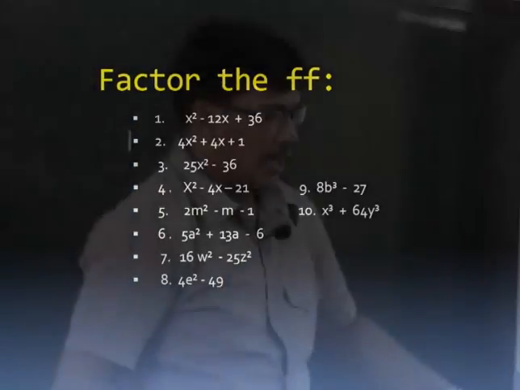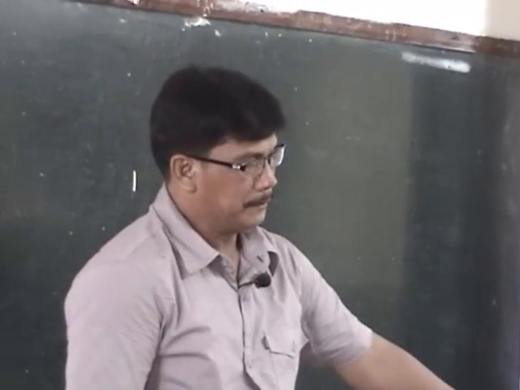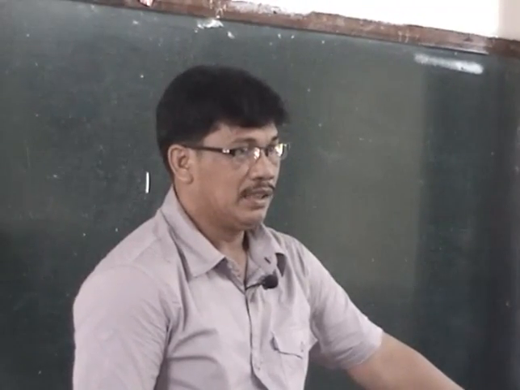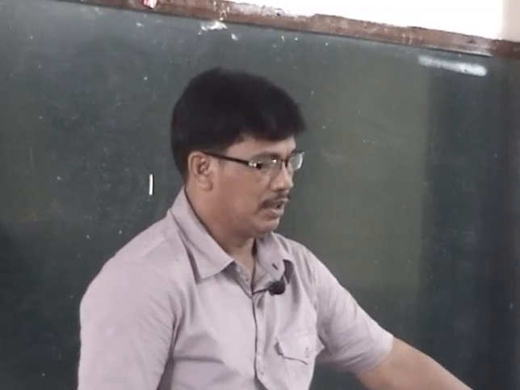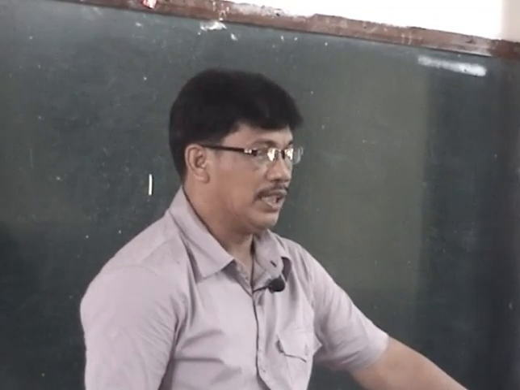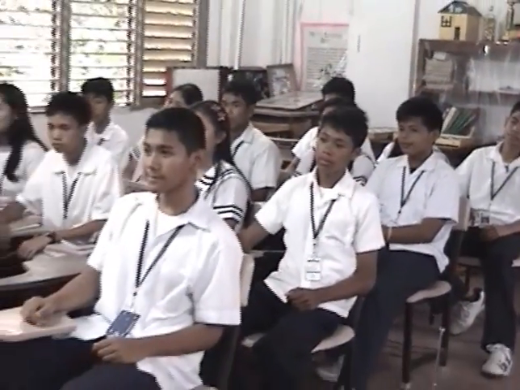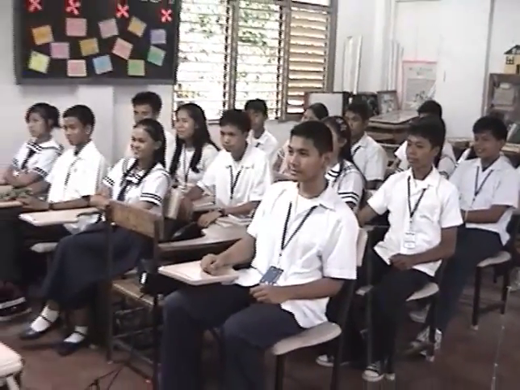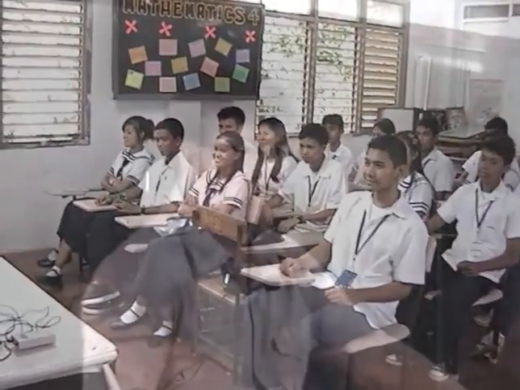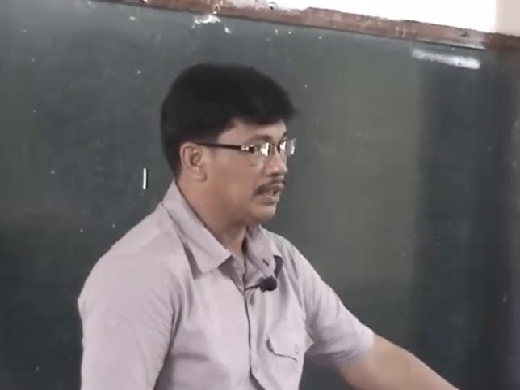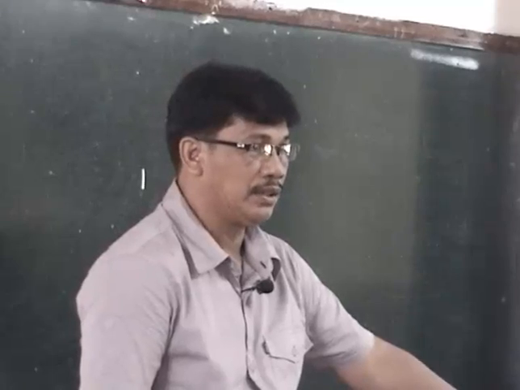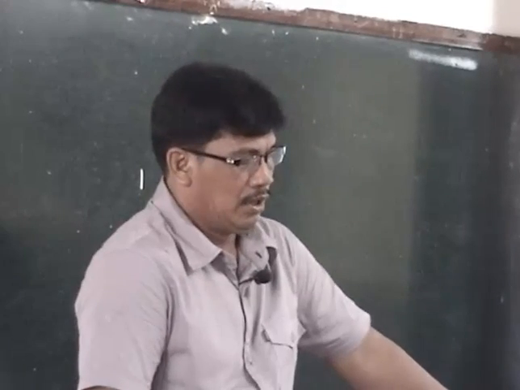Okay, so I think you are now ready, class, to simplify rational expressions. Of course, you are now to apply what you have learned in factoring quadratic trinomials, with the special products and factors, the squares and the cubes.